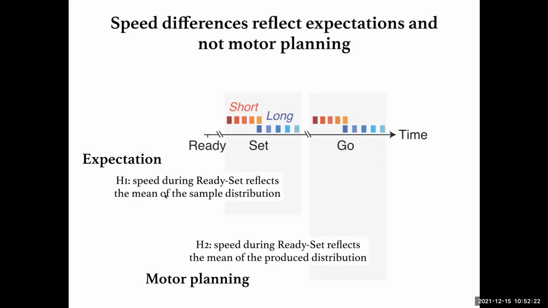However, we could also think of an alternative hypothesis, which is that the speed during the ready set, in fact, reflects the mean of the produced distribution. So in that case, the speed differences would be more related to motor planning and not expectation.